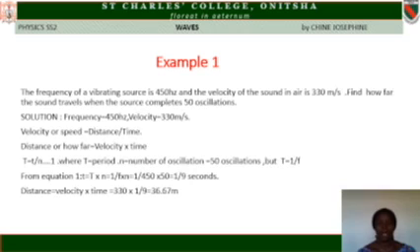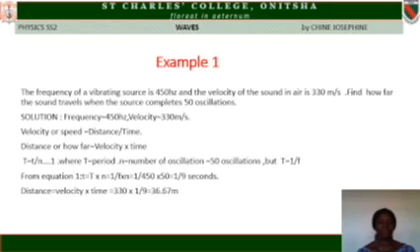Find how far the sound travels when the source completes 50 oscillations. Then solution, we bring out the parameters. The first one is the frequency, which is equal to 450 Hz, velocity 330 meters per second. Then we are given number of oscillations, which is represented by n.